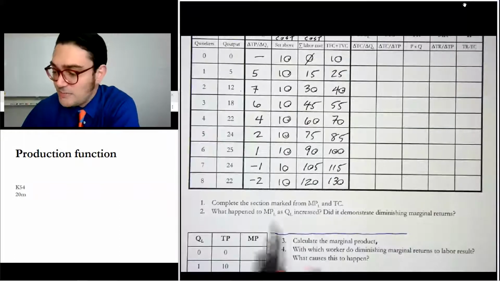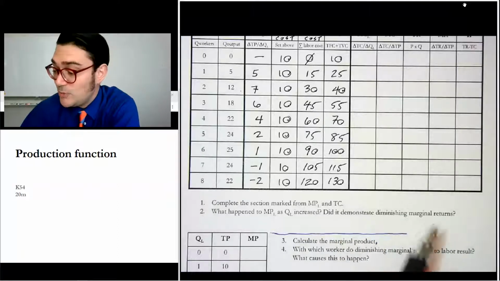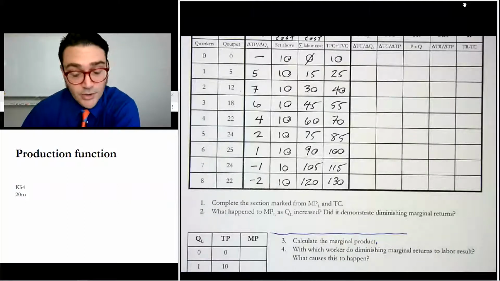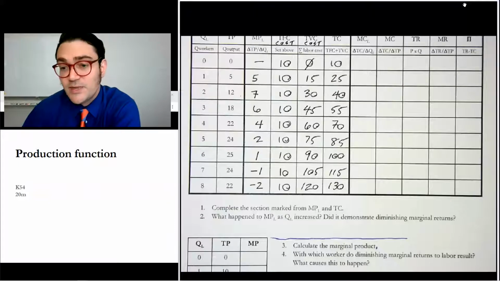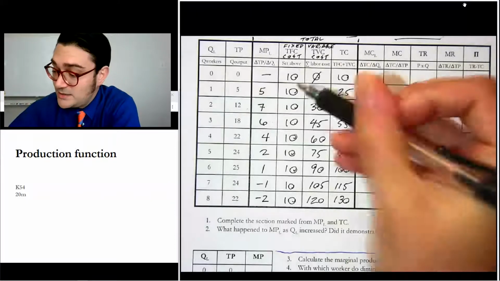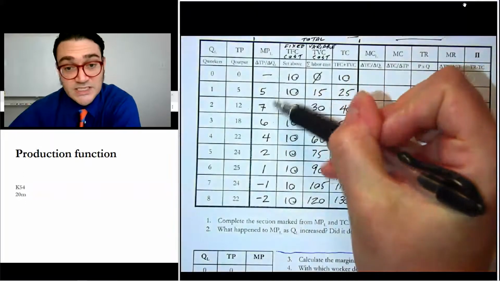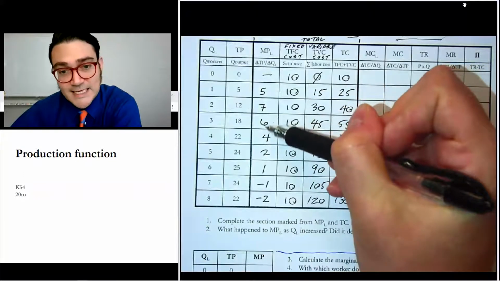What happened to MPL as QL increased? Did it demonstrate diminishing marginal returns? That's the idea of diminishing marginal product. And does it do that? Well, it increases as the quantity increases, from 5 to 7, and then it starts to go back down again.